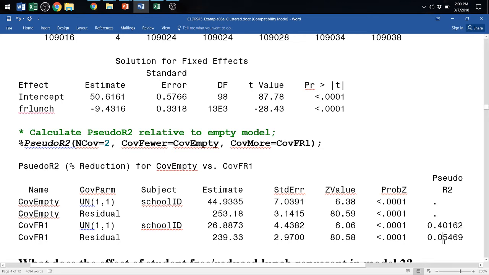But then, surprisingly, I also got a 40% reduction in the 15% of the variance that was due to school. The between school variance in free and reduced lunch that is buried in this variable reduced the random intercept at level 2 by 40%.